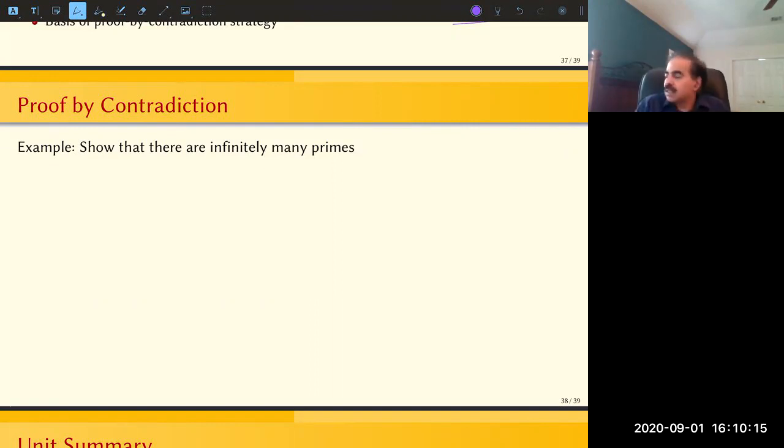So let's try to give another example of proof by contradiction. How many prime numbers are there? Is there a largest prime number?